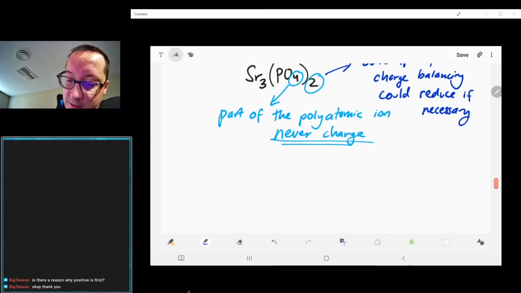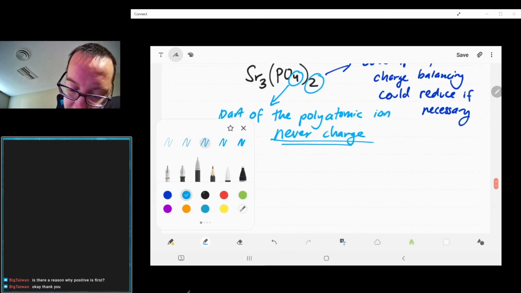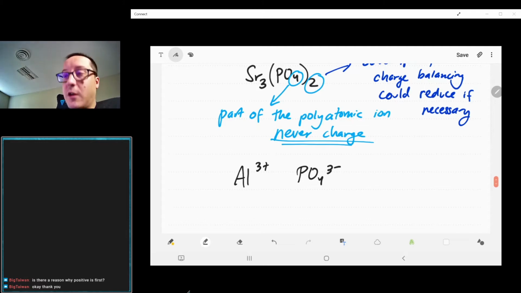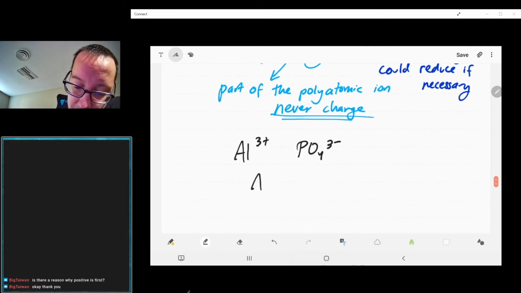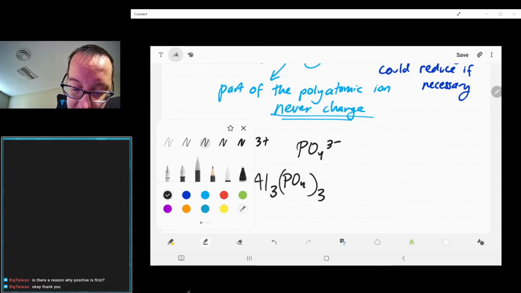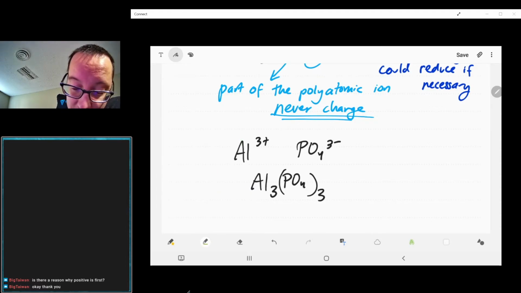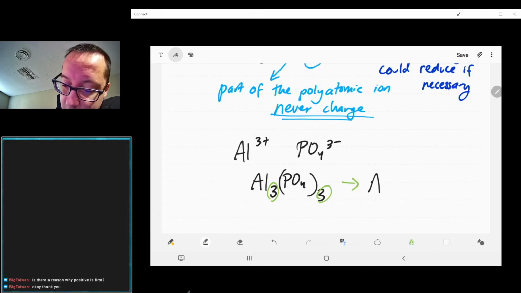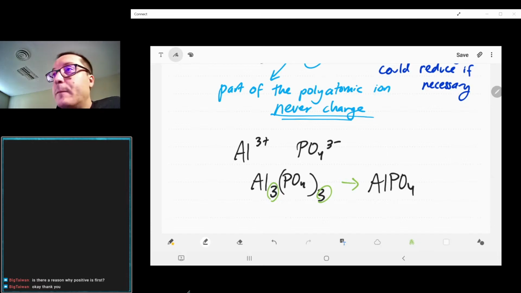If we had, for example, aluminum phosphate, and we did our crisscross, and we end up with this, yeah, we can go ahead and reduce those 3s. That's okay. And in fact, you have to do that. We can reduce those down to AlPO4.